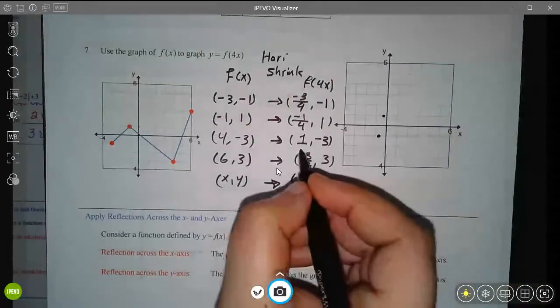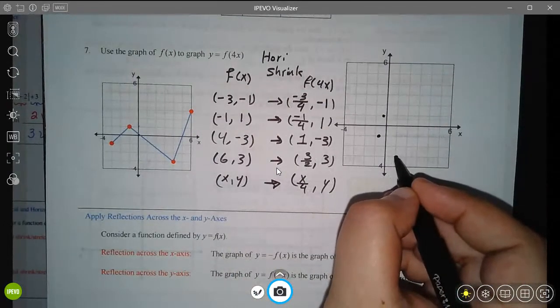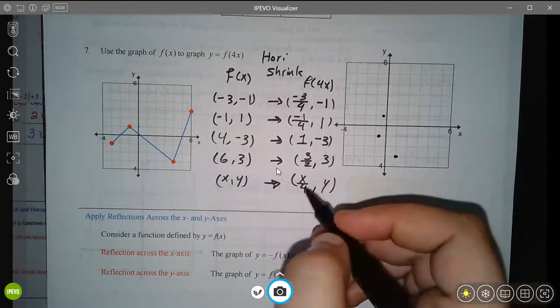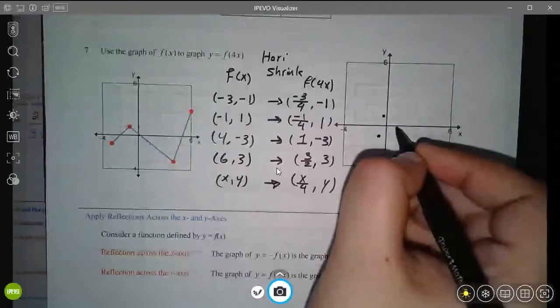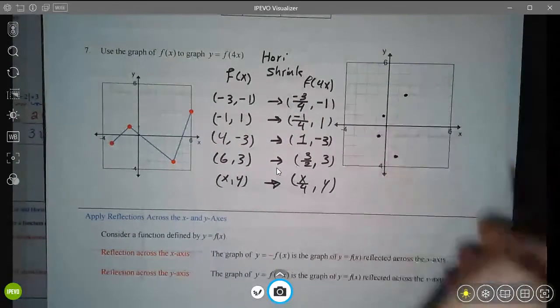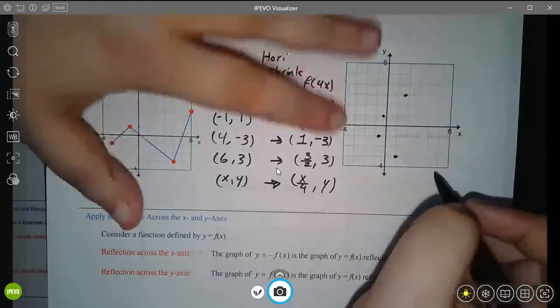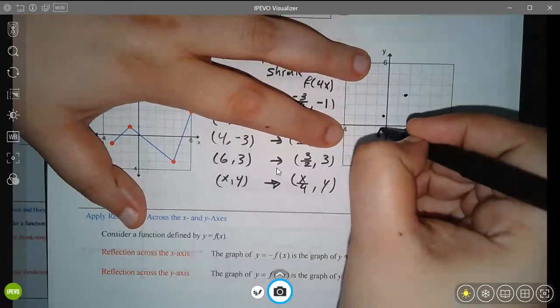Okay. 1 and -3. So 1 and go all the way to -3. And then you have 3 over 2, which is 1.5, and +3. That's 1, this is 1.5, and you go all the way to +3, which is right here. And then you connect the dots.